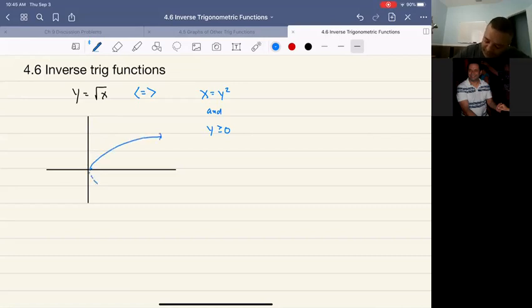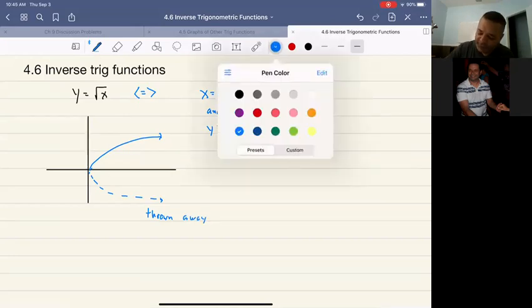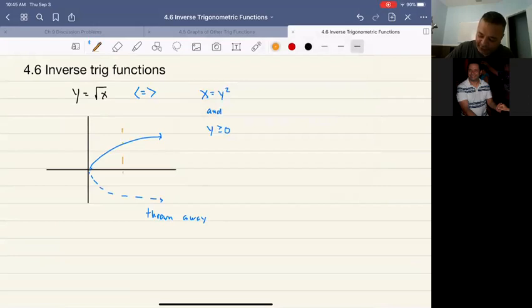This part is thrown away. Why? Because we want our inverse function to pass the vertical line test. So we throw it away so that we have a valid function as an inverse.